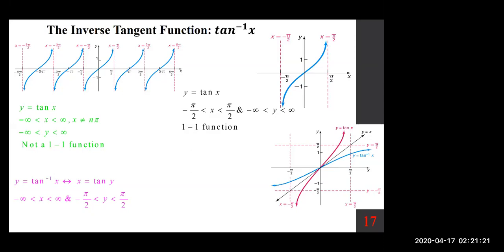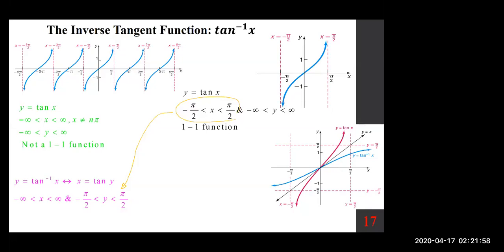y equals tan inverse of x, by definition means x equals tan y. The domain is this. That would be the range. The range is negative infinity to positive infinity, and that becomes the domain for the inverse function.